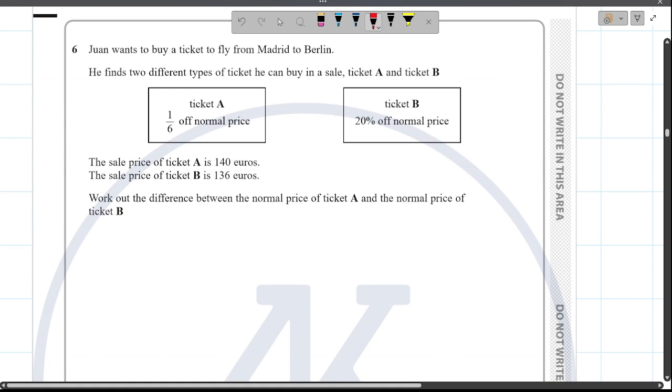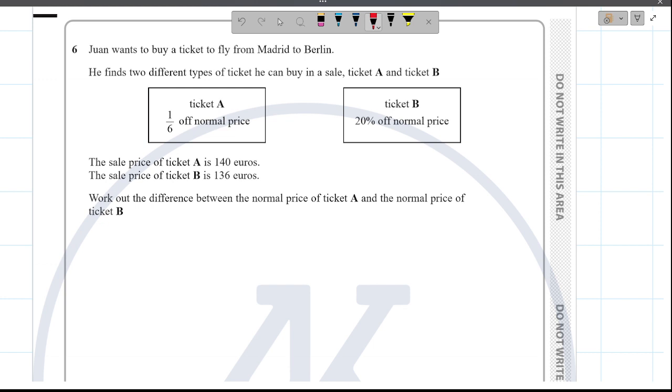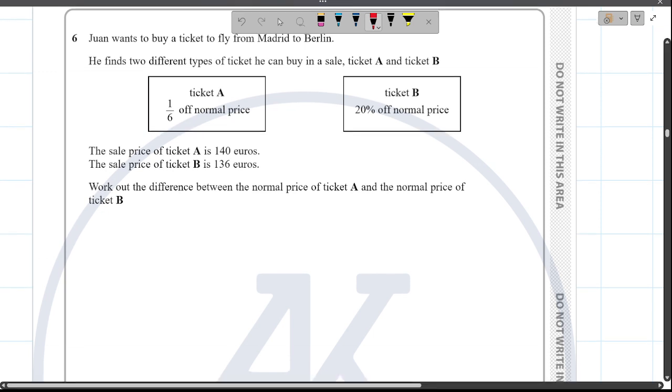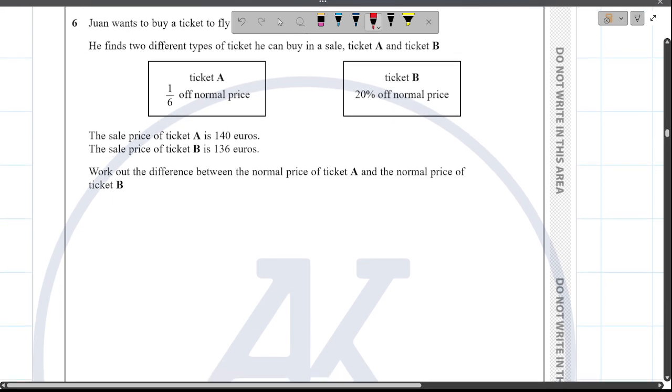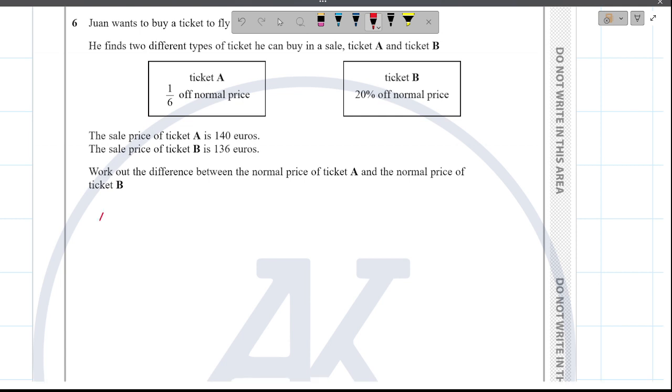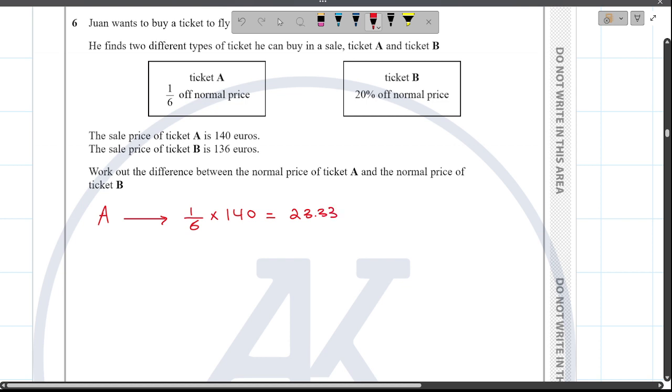Jerome wants to buy a ticket to fly from Madrid to Berlin. He finds 2 different types of tickets. We have ticket A, 1/6 of the normal price, and ticket B, 20% of the normal price. The sale price of ticket A is 140. So for ticket A, we can say it's 1/6 multiplied by 140, which is equal to 23.33.